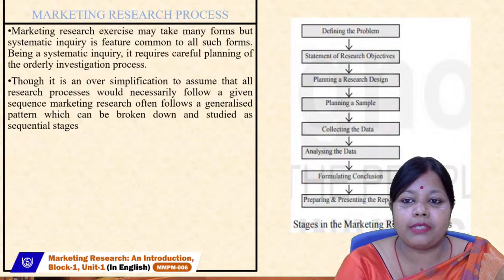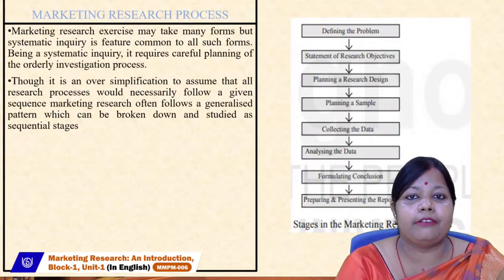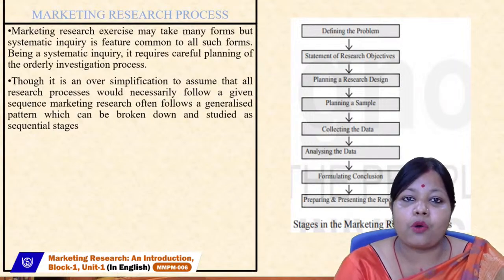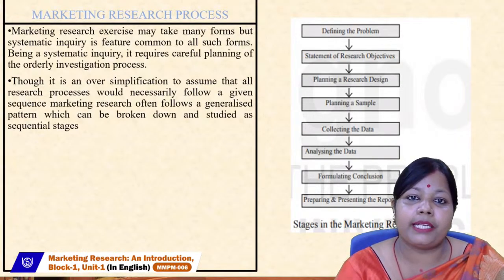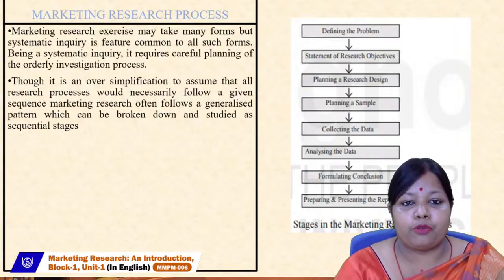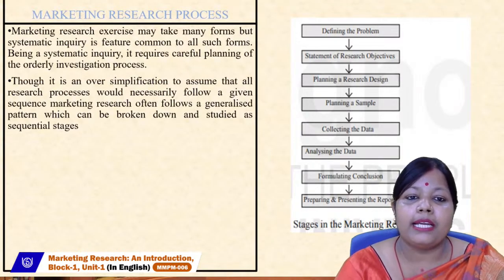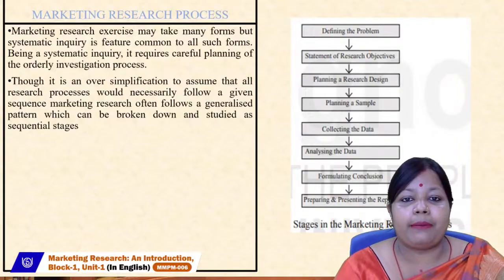Once we finalize our research design, we go for the planning of a sample, because it is not always possible to collect the data by the census method. Census is also another method of collection of data, but it is more time consuming, more cost is borne in that process, and it also requires huge manpower for the collection of the data.